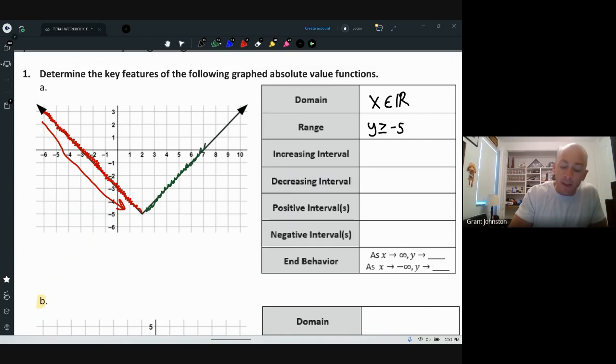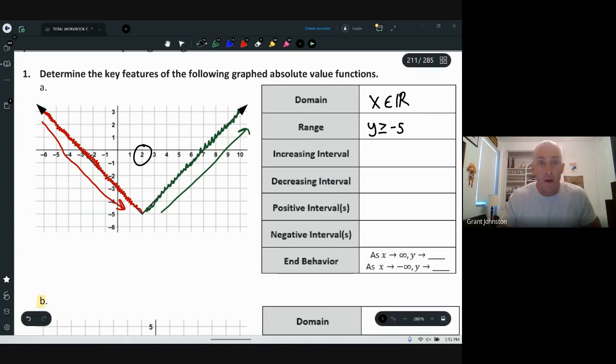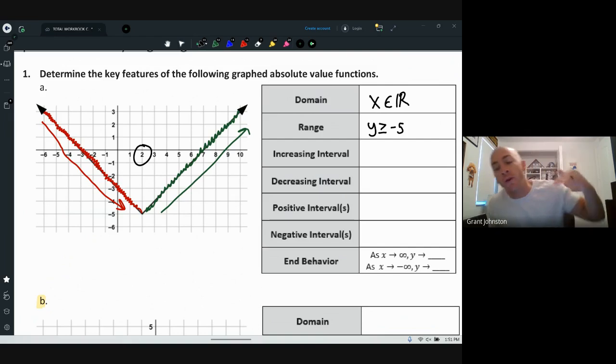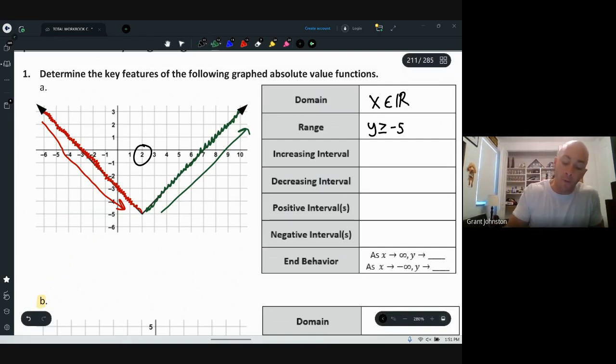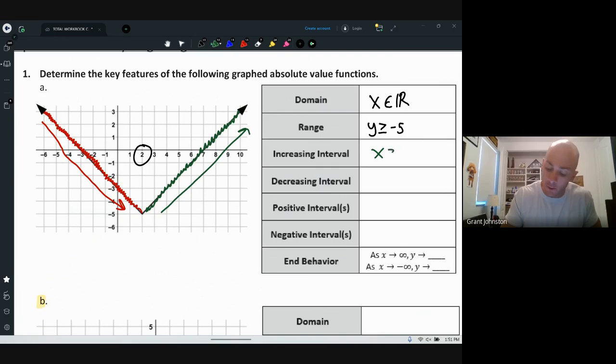When we're defining these intervals, we're always saying as x increases, what happens? You can see the switch happen at 2, right? When x is 2, it changes from decreasing to increasing. So the increasing interval would be when x is greater than 2, and the decreasing interval is when x is less than 2.